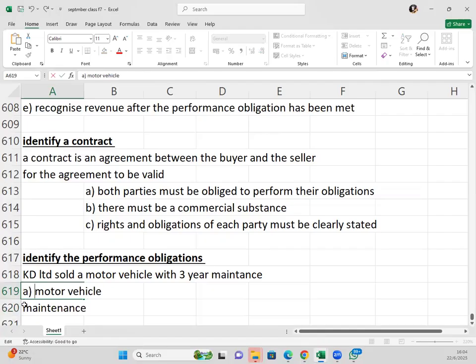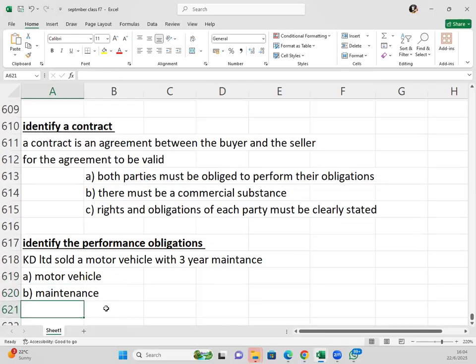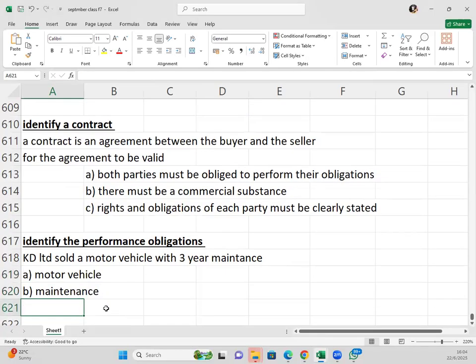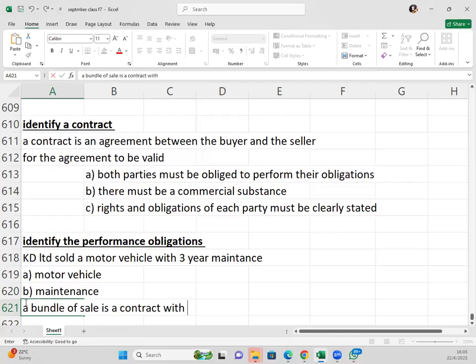So what we are required to do is not just delivering the vehicle, but also providing the maintenance.